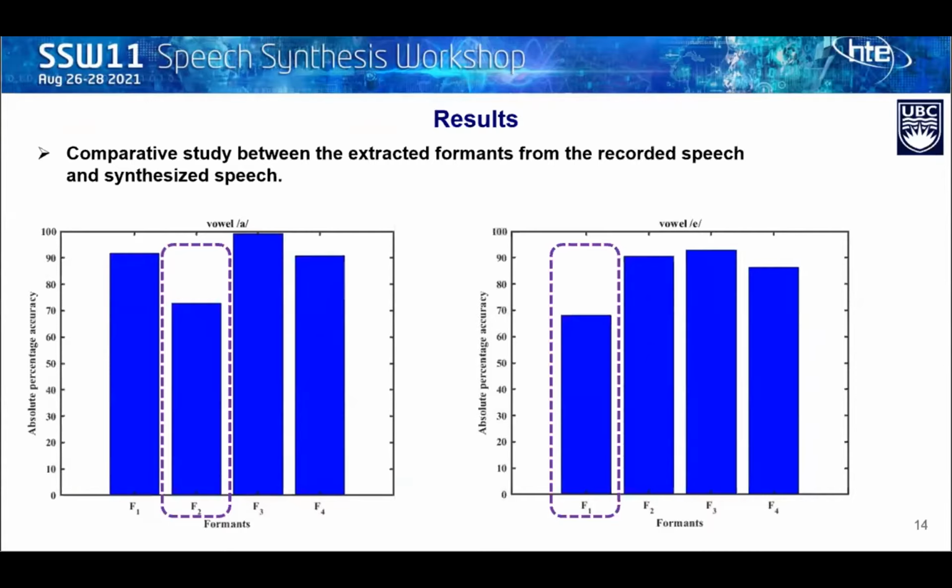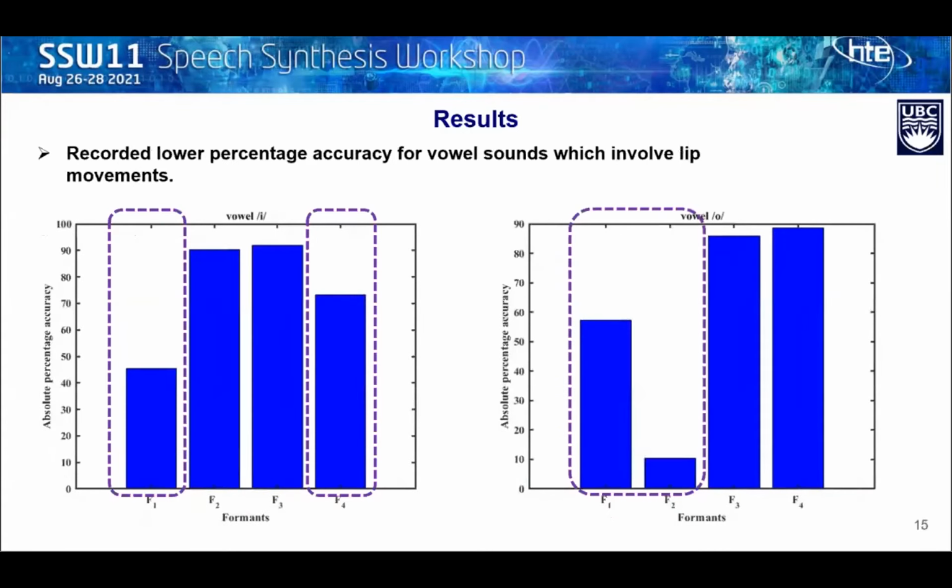The mismatch in the formant frequencies between synthesized and recorded speech can be attributed to a couple of factors. The first one is that our speech synthesis model does not consider the mouth radiation. Second, ultrasound can only image a part of the upper airway. We found a greater mismatch in case of vowel E and O, as vowel O involves the extension of the vocal tract by lip protrusion.